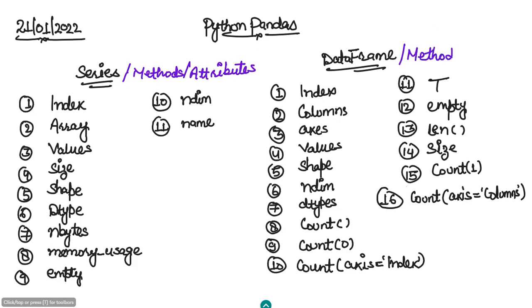I've already discussed all these methods or attributes. I'm here to re-explain these methods, right? So first, what is index?